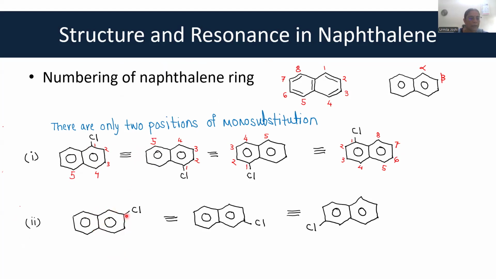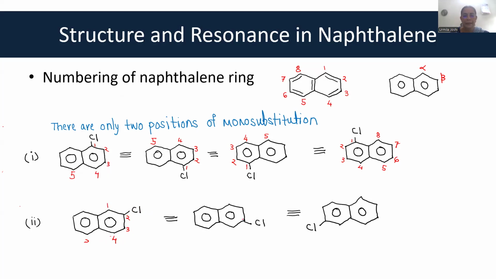So if you start numbering from here 1, 2, 3, then you cannot go over here. It has to be continuation. One ring numbering has to be in continuation. And so you will have to start numbering from here itself, 1, 2, so that you give the lowest possible number to the substituent bearing carbon. 3, 4, and then go to this as 5.